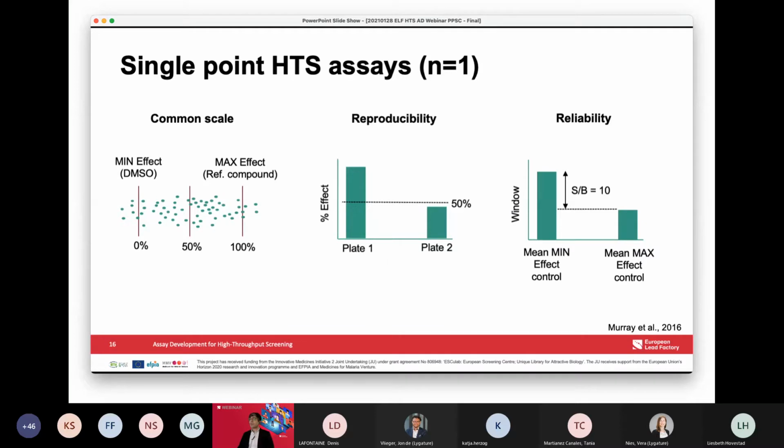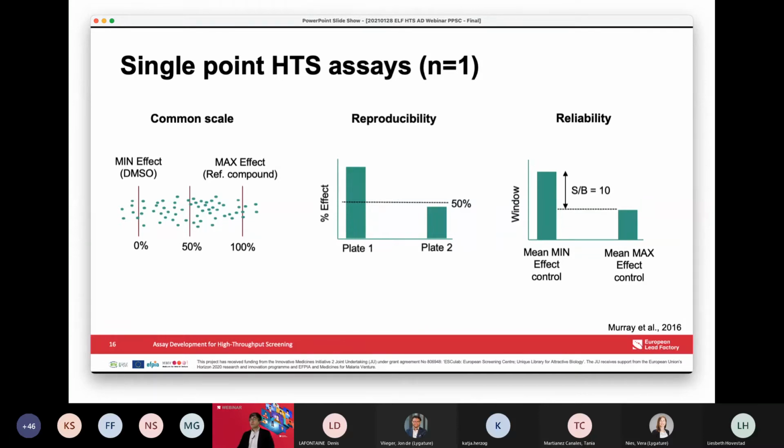Therefore, compounds' activity is typically normalized around the max and min control. So your minimum control could be DMSO, and your max control, as an example, could be a reference compound. And this allows us to compare data across plates and experiments on a common scale.